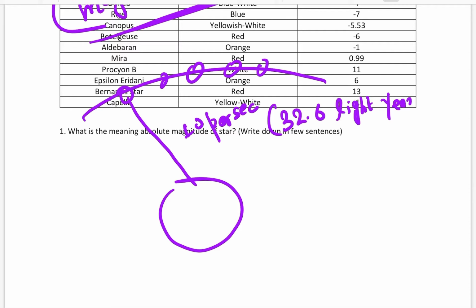So if we keep all the stars exactly at the same distance, then how bright the star appears to us would be the absolute magnitude.